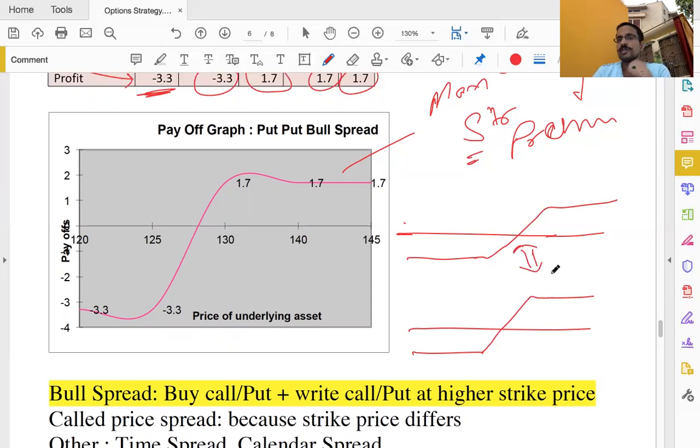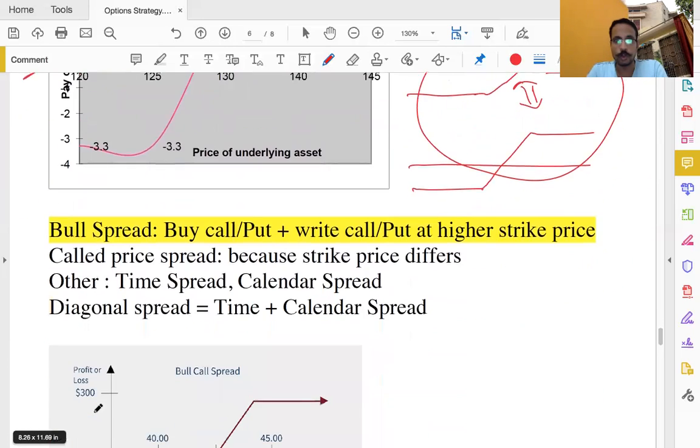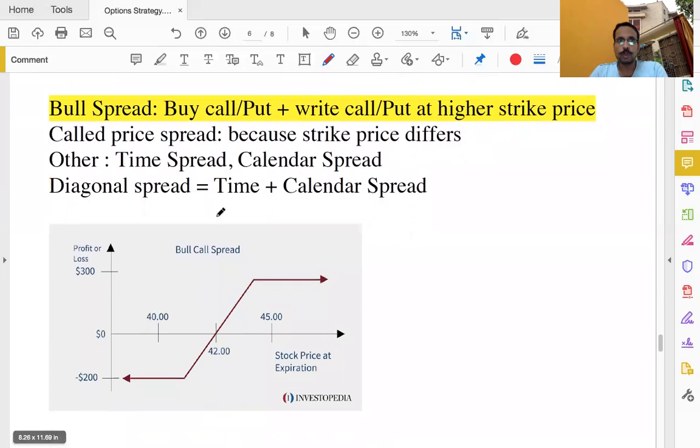Why so? Because this is the nature of the bull spread, whether it is call or put, the diagram is the same in case of both. Both are expecting market prices to go up. So, okay, so this was your price spread.